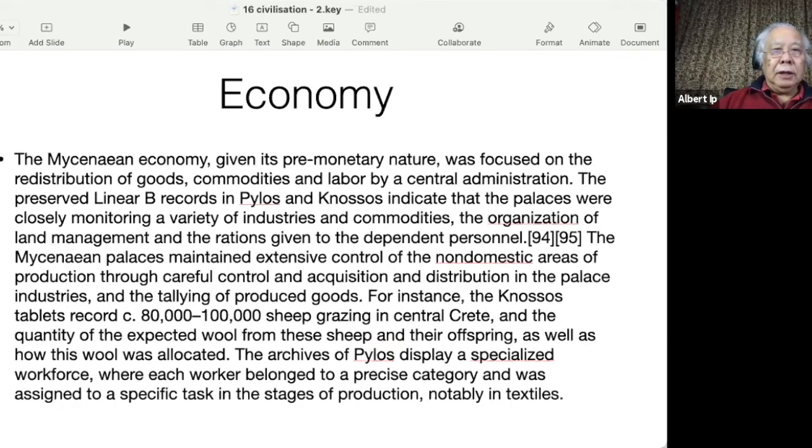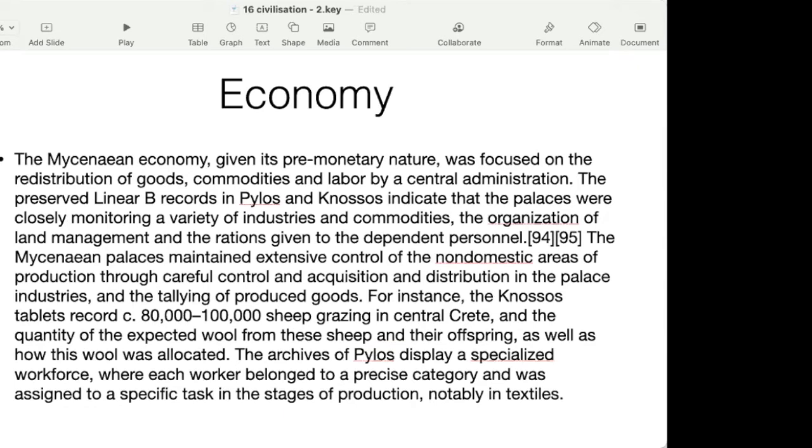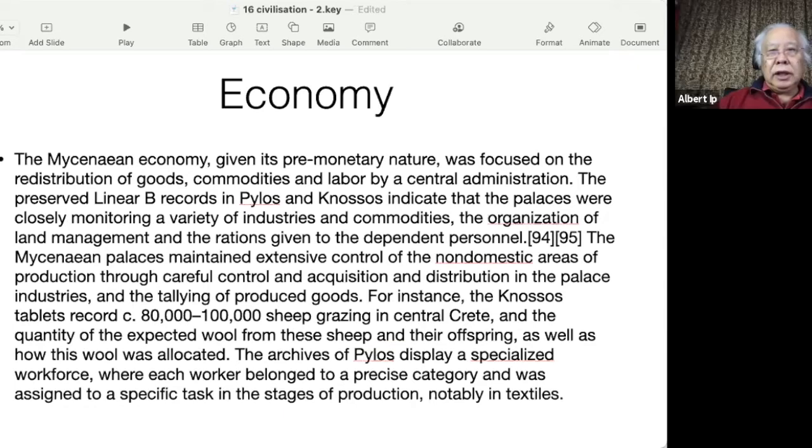The economy is believed to be pre-money, so they would basically be using goods. The records indicate that the palaces were closely monitoring a variety of industries and commodities, the organization of land management, and the rations given to dependent personnel.